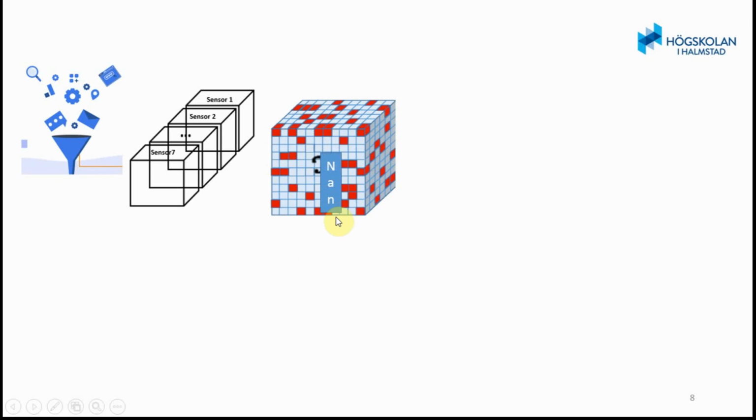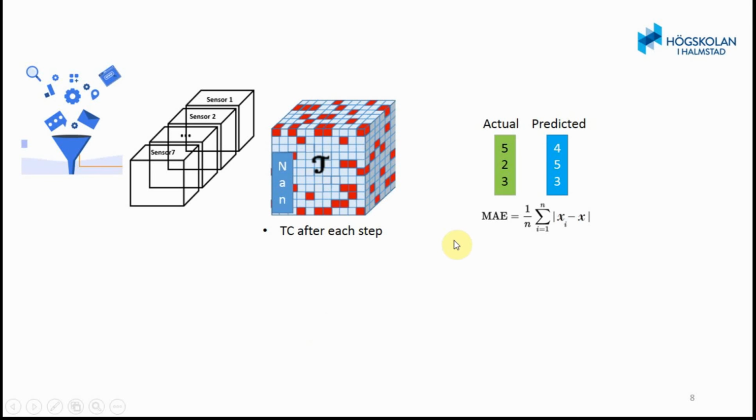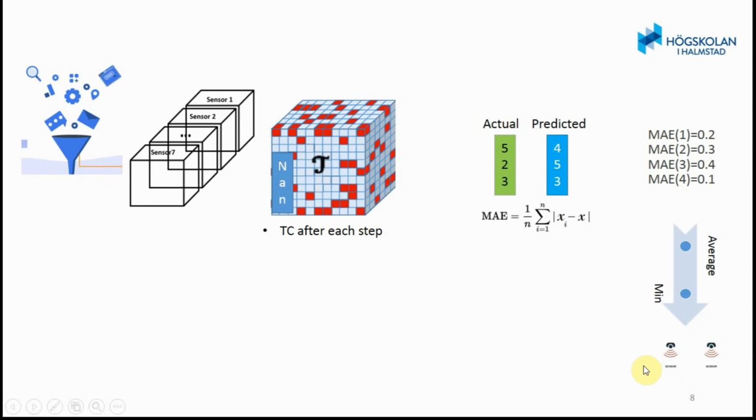In each fold we set that fold's data to none, and after each fold we use tensor completion and predict the values with its help and compute the MAE. We have one MAE for each fold, and we take the average, and we choose the best pair of sensors after we complete all combinations.